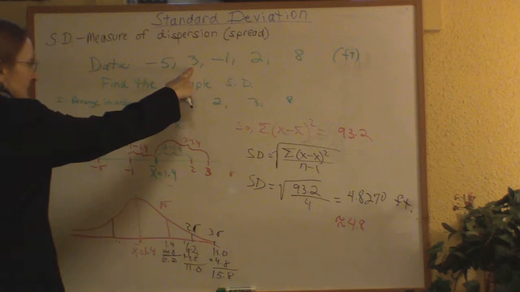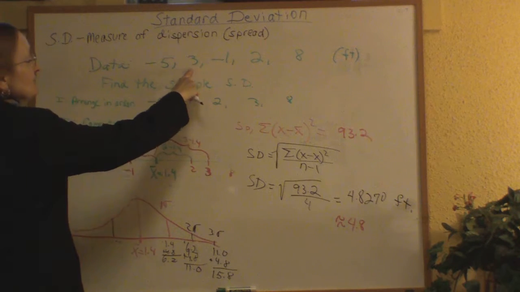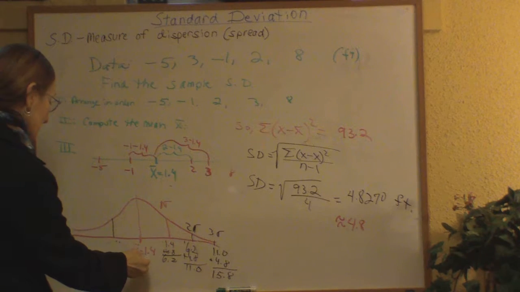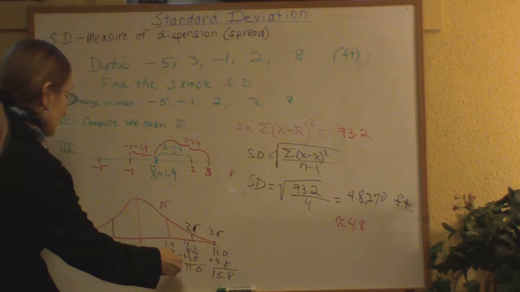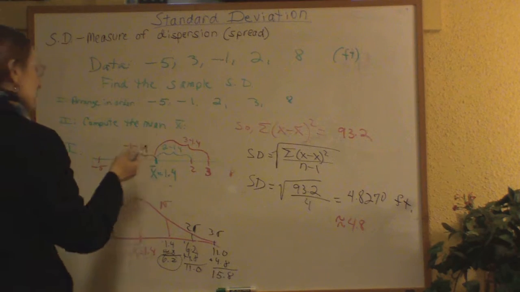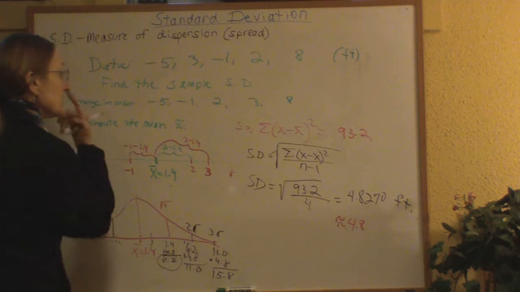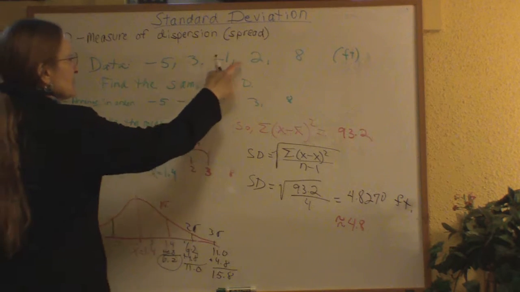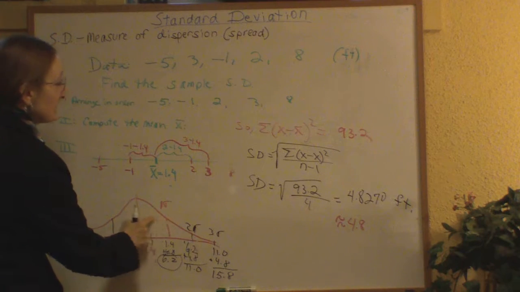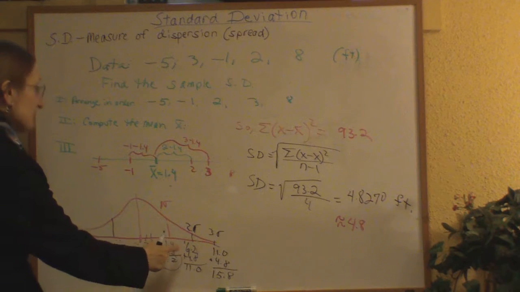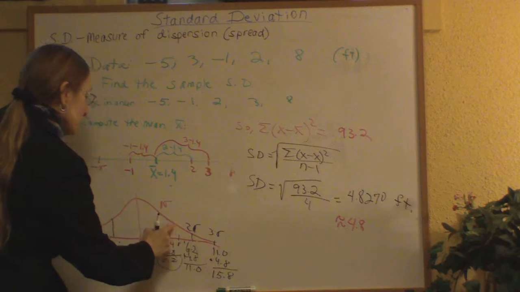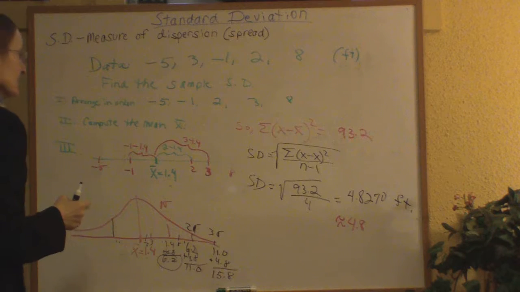If you have a score of 3, just for example, if this is the mean of 1.4 and the next data value would be 6.2, your 3 is going to fall in here. And then same with 2. 2 is also going to fall here within 1 standard deviation. Whereas 8, where is that going to fall? The score of 8 is going to fall here between 1 and 2 standard deviations.